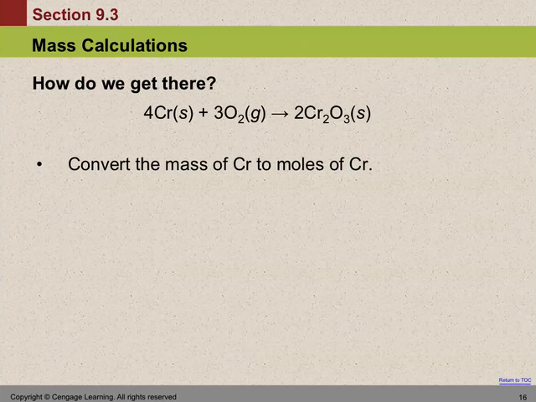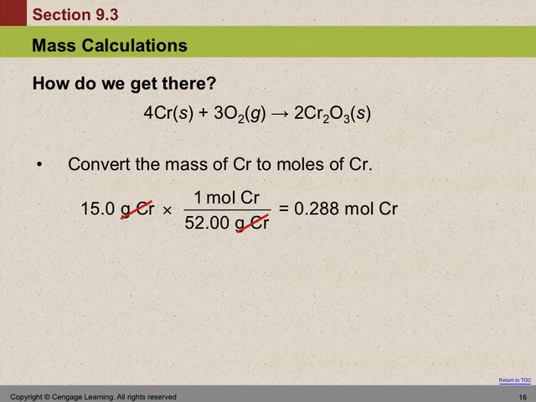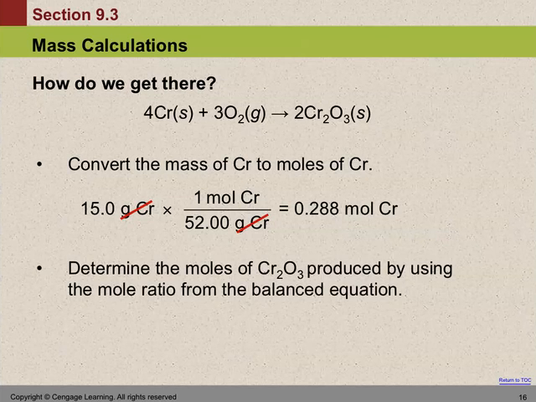We need to convert the mass of chromium to moles of chromium. That's a simple matter of putting the mass of chromium over the molar mass of chromium, 0.288 moles. Now we need to determine the number of moles of chromium(III) oxide produced by using the mole ratio from the balanced equation.